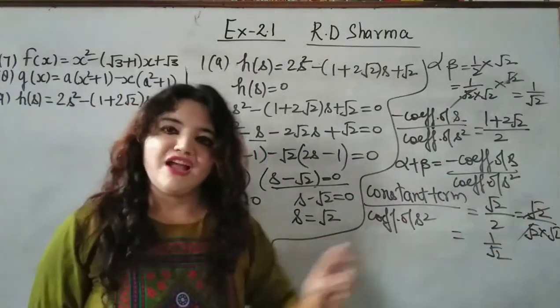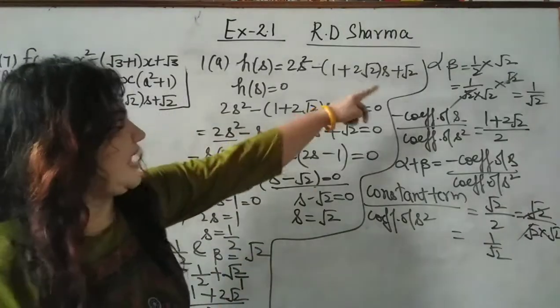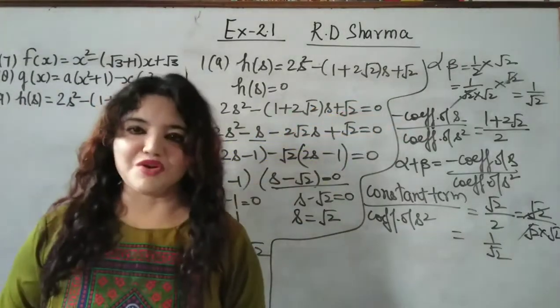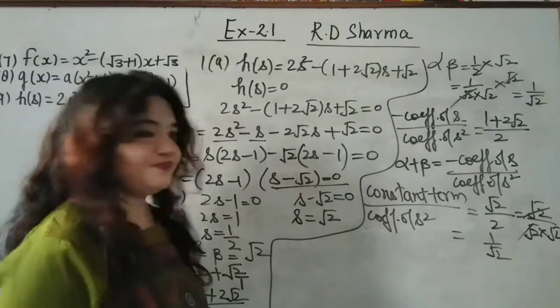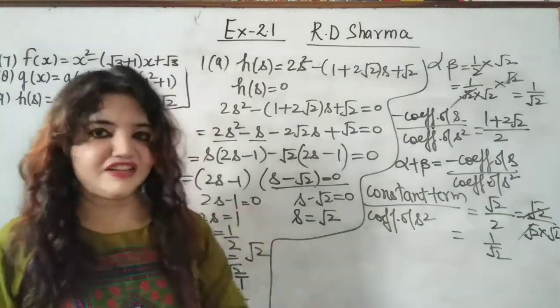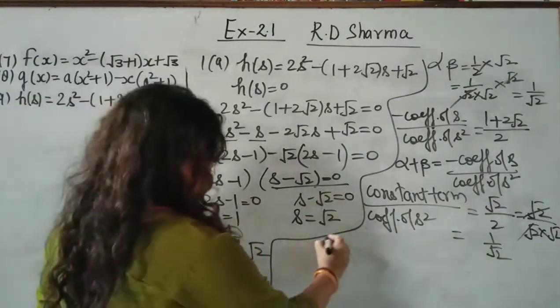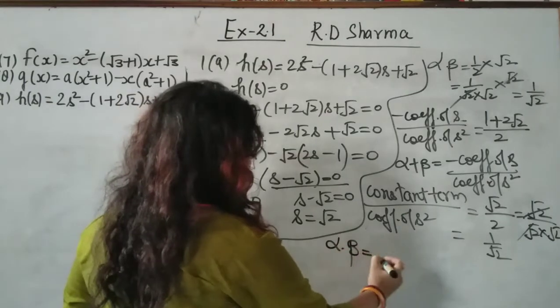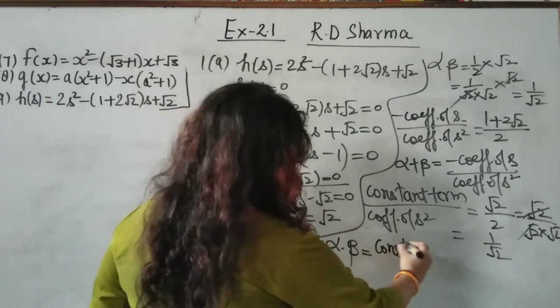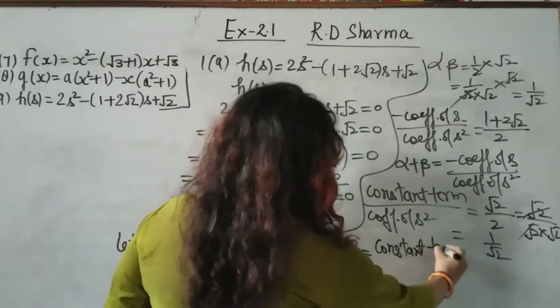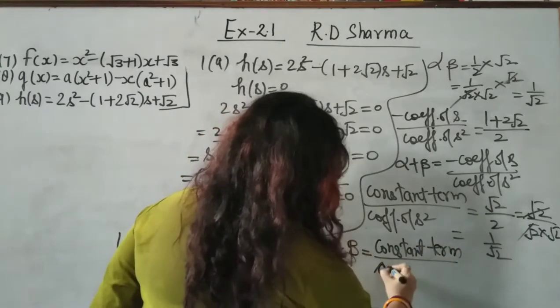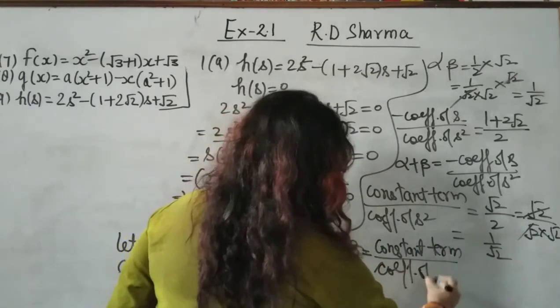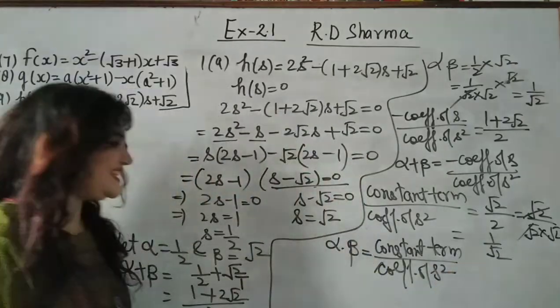And we have already calculated alpha into beta is equal to 1 upon root 2. So they both are same. So again we have just verified another relation: alpha into beta is equal to constant term upon coefficient of x square.